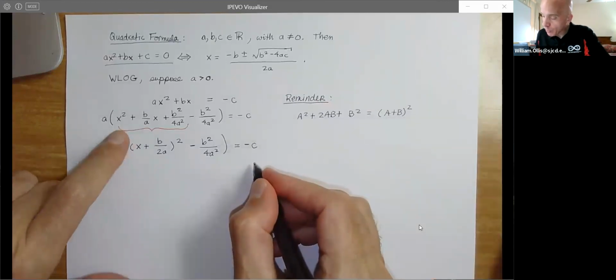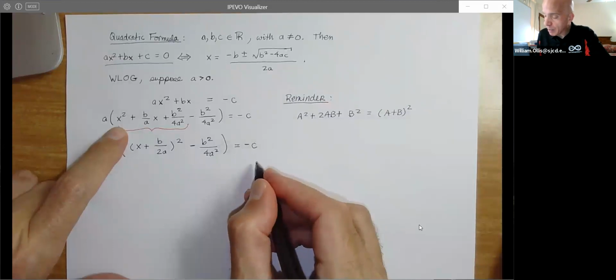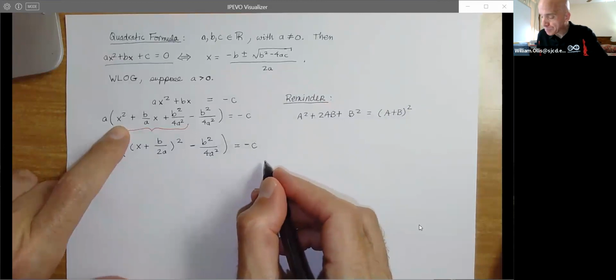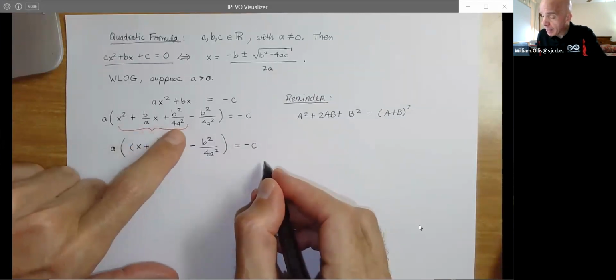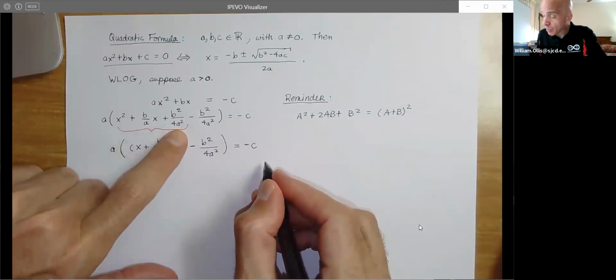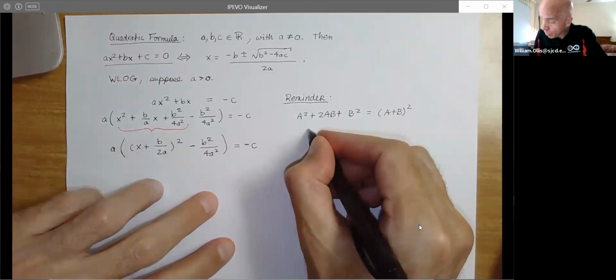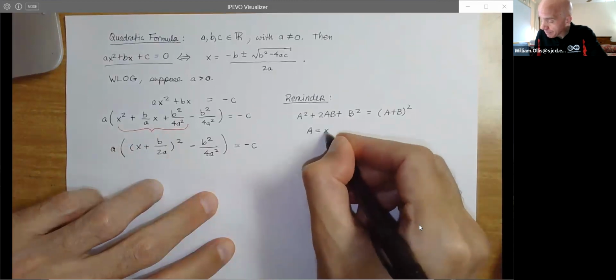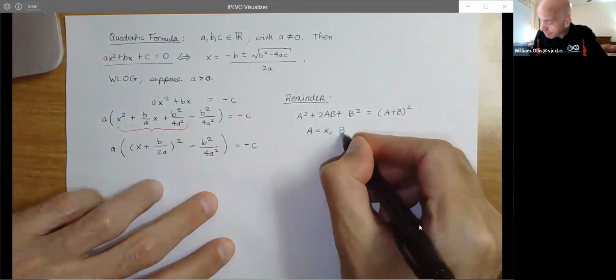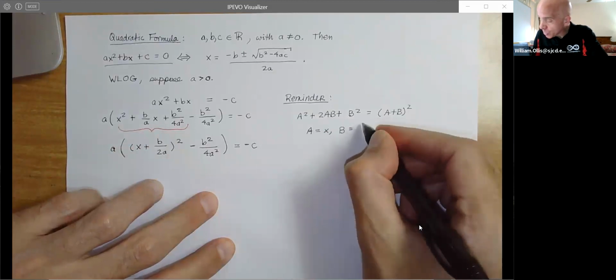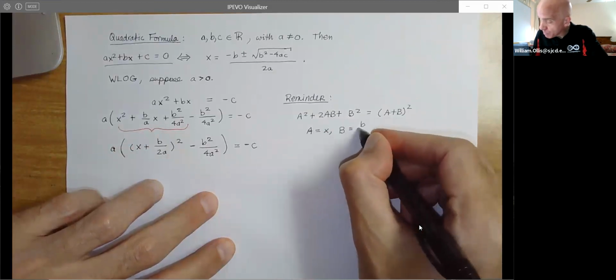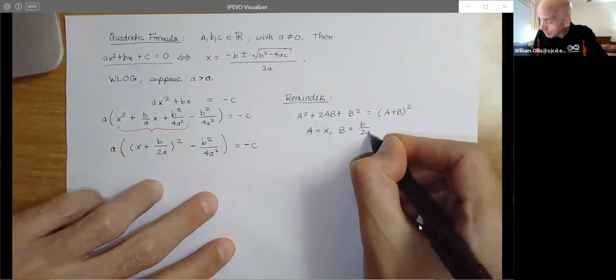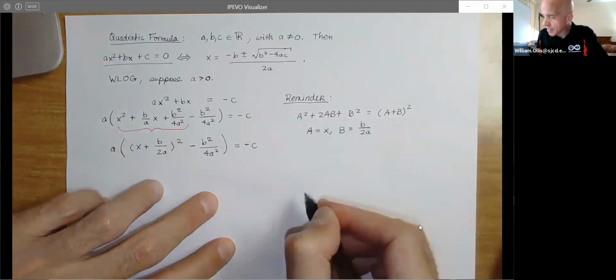So when we look over here, we see that our A is X in this particular case, and that the B actually in this particular case is the B over 2A. So you could go ahead and say, well, A equals X, B is equal to lowercase b over 2A, and of course, lowercase a also.